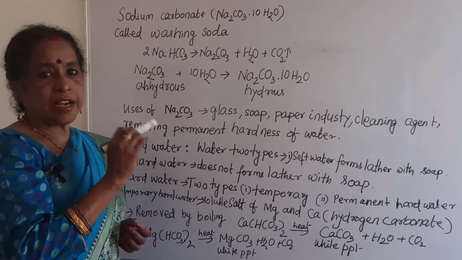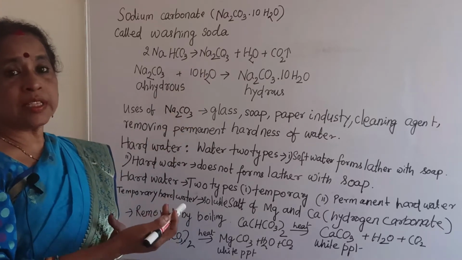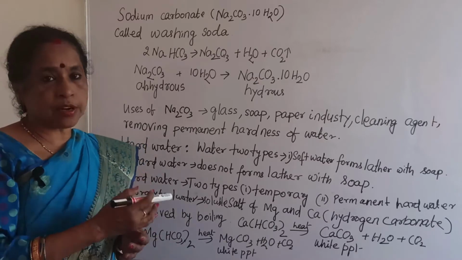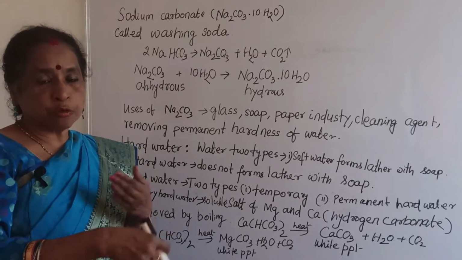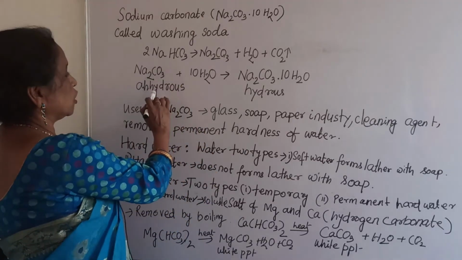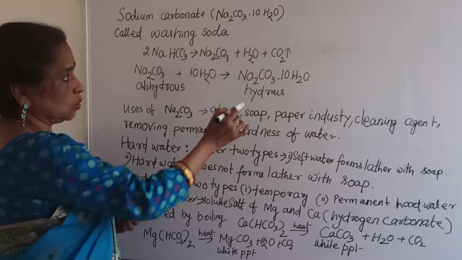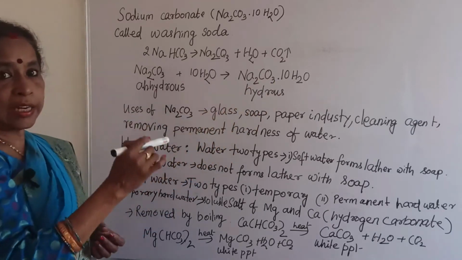If I ask what is the formula of sodium carbonate, that is correct, Na2CO3. But what we are using in daily life is in the hydrous condition, Na2CO3 having 10 molecules of water, that is called a hydrous salt.